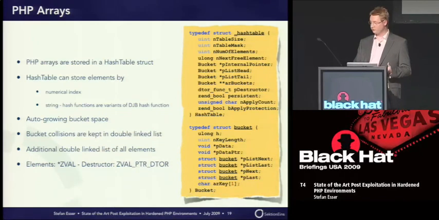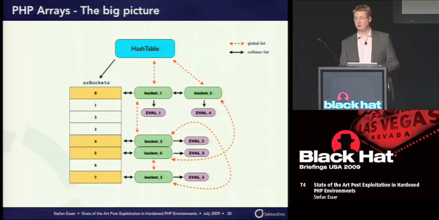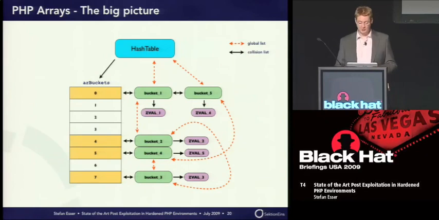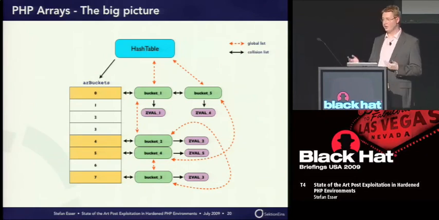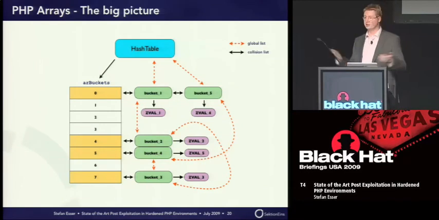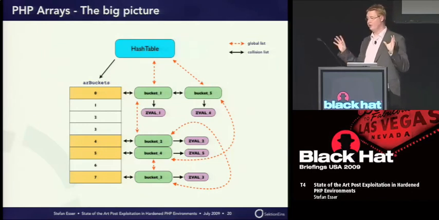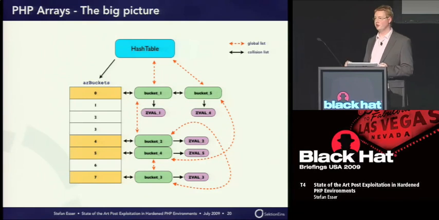To confuse you a little bit more, here is an image of how this looks in real life. You see you have the hash table, and the hash table is connected to an array of buckets, and each of these buckets, when it's empty, is of course 0. When it's not empty, it contains the first element, and the first element contains a pointer to the next element, and the elements in an array are actually buckets, and the buckets point to the zvals, to the PHP variables.